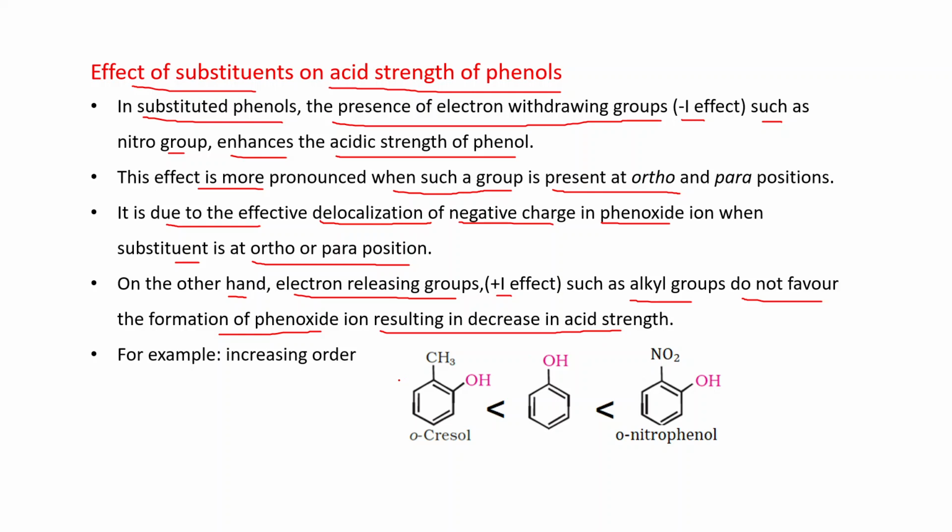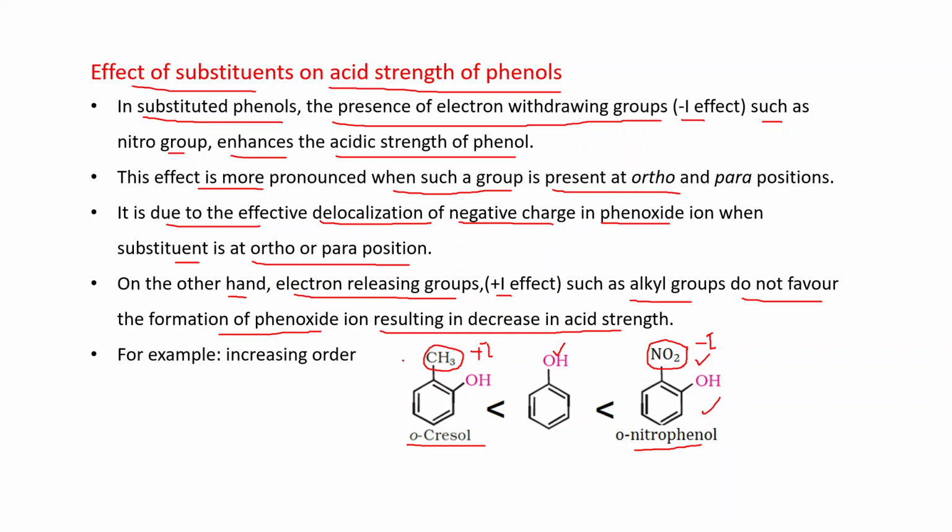Now see one example. This is orthocresol. In orthocresol, this CH3 group has plus I effect. This is phenol, and this is orthonitrophenol. This NO2 group has minus I effect, and due to this NO2 group, the phenoxide ion formed from this is more stable, because due to minus I effect, more delocalization of negative charge takes place.